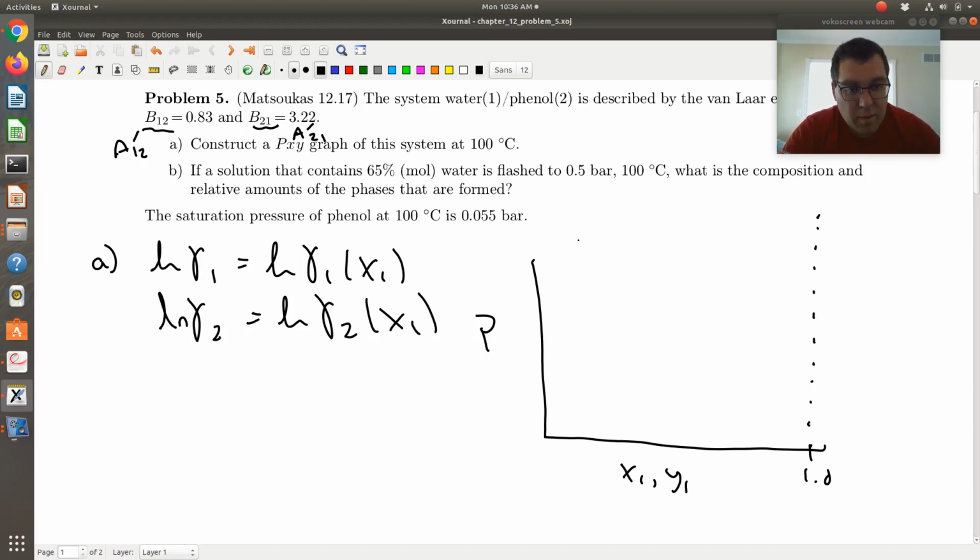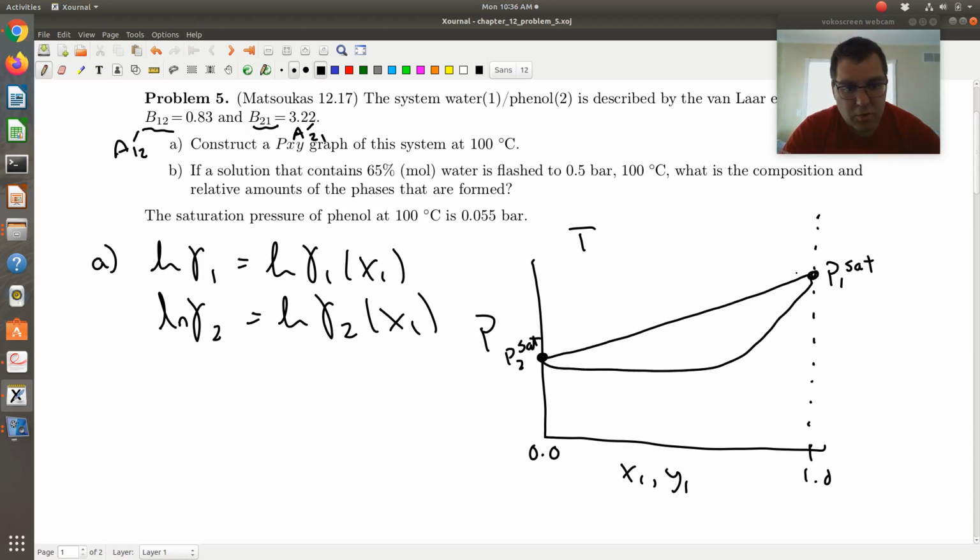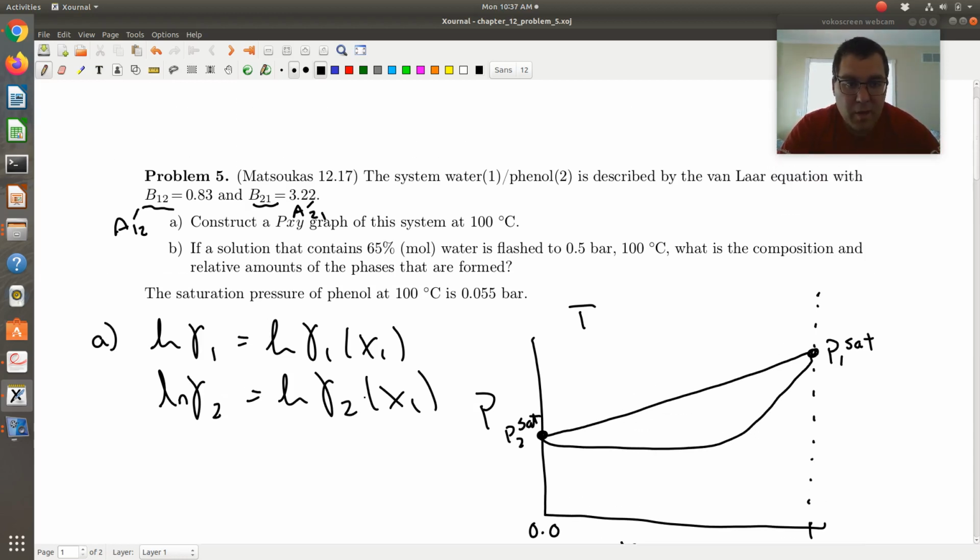Remember, temperature is fixed in a Pxy, and here we're told temperature is 100 degrees C. Looking at my pure component limits, that would be P1 sat, where my bubble line hits, and my other pure component limit would be P2 sat, and then here's my dew line.